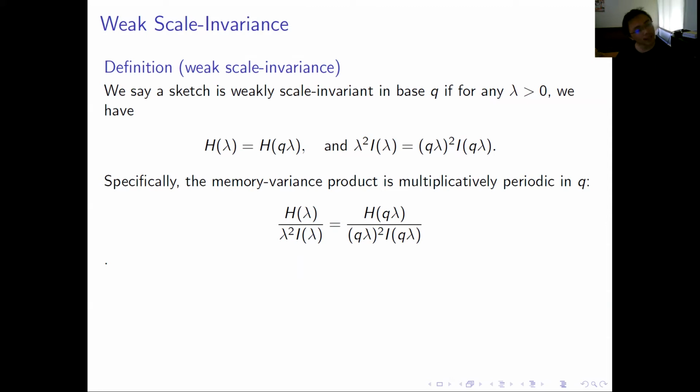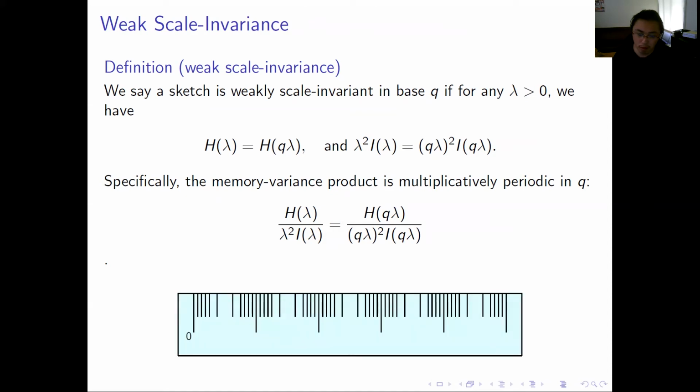It turns out that we can start with a notion of weak scale invariance, which most previous sketches I mentioned, both PCSA and HyperLogLog, satisfy. We say a sketch is weakly scale invariant in base Q if both their entropy and normalized information are multiplicatively periodic in Q. Especially in such cases, their memory variance product is also multiplicatively periodic in Q.